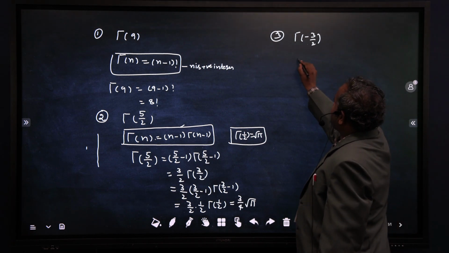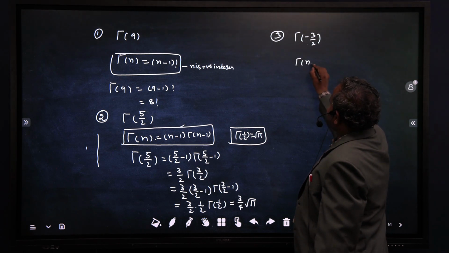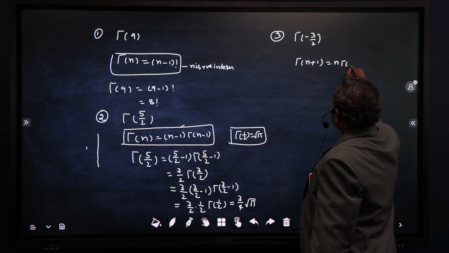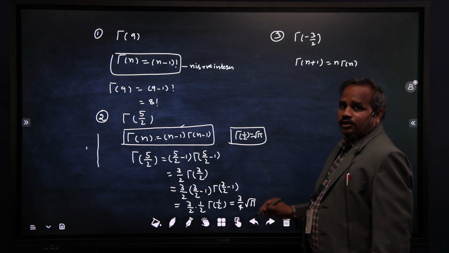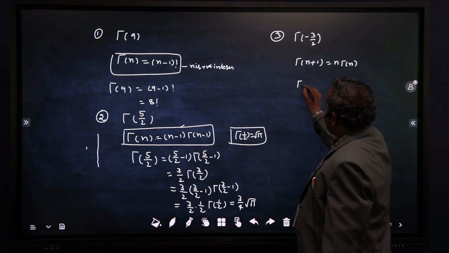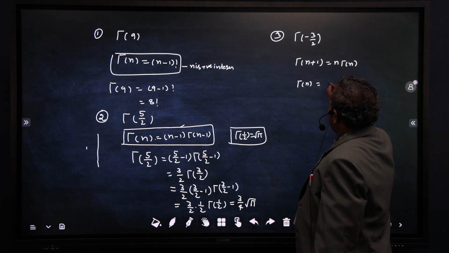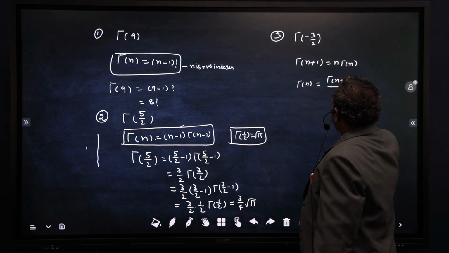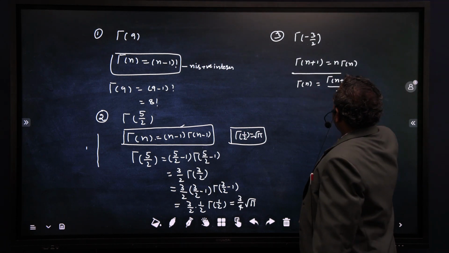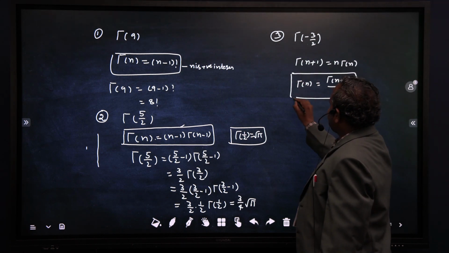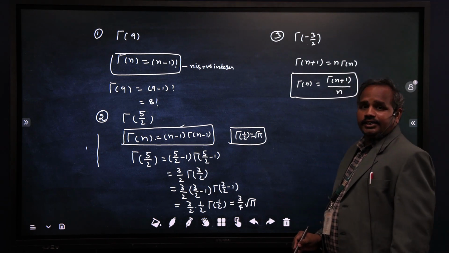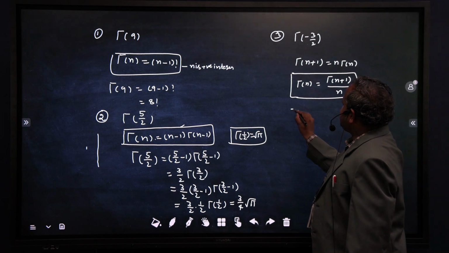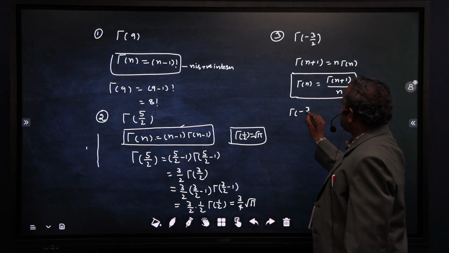We have the reduction formula gamma of n plus 1 is equal to n into gamma of n. From this, gamma of n is equal to gamma of n plus 1 by n. This formula we use when n is a negative rational number. Now n value is minus 3 by 2. Substitute here.